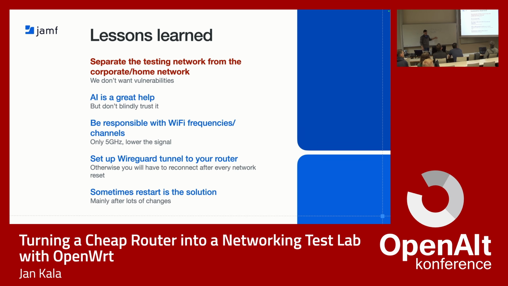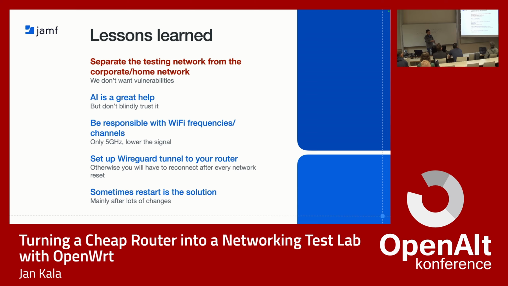Here are some lessons learned from when I was setting up the environment. So first of all, separate it from your office network. You don't want IT texting you about why this vulnerability has been introduced in the office. With all those settings available there, it's easy to create some vulnerability. And then I found out that lately AI is a great help.